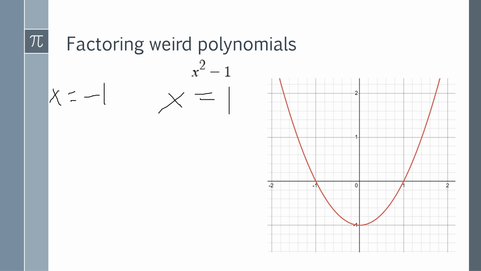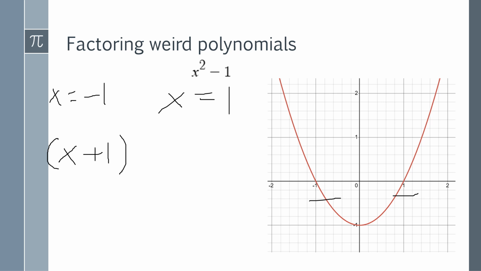Now, in the first 9 weeks, I taught you about this because these are multiplicities of 1. And because of this, you're going backwards from the solution, or the 0, to the factor form. So if this is x equals -1, you could rewrite it as x plus 1.